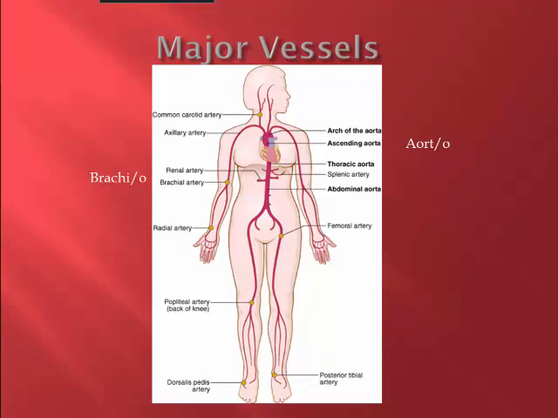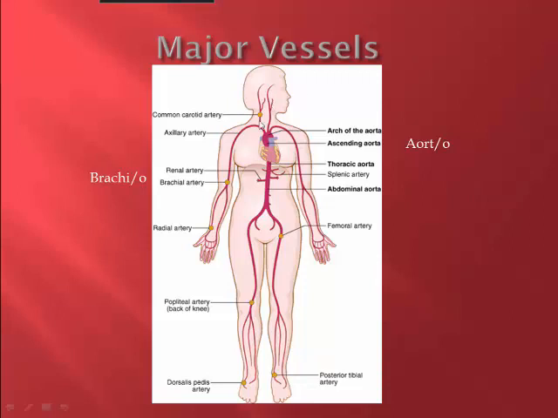You have vessels throughout the body. The largest artery in the body is the aorta, which comes up off the left side of the heart here, arches, and then it goes behind the heart through the thoracic and the abdominal cavity. So the largest artery is the aorta, or aorto is the combining form. Then you have many branches where you can actually feel the pulse of the blood pumping through your body.